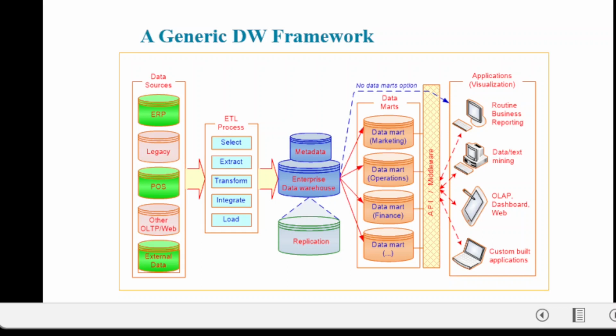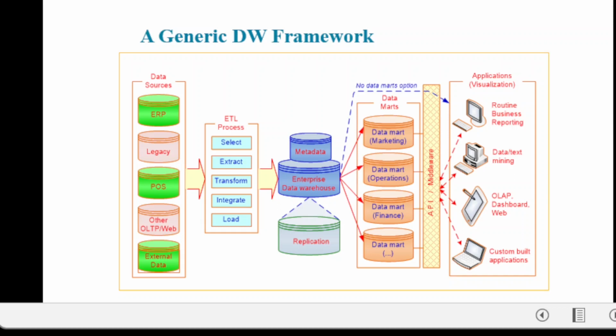We transform them into a standard format, standard units, so that we can integrate them with the other data across the organization, and then we load them into the enterprise data warehouse.